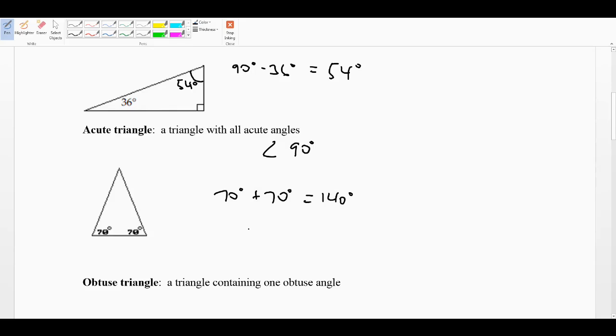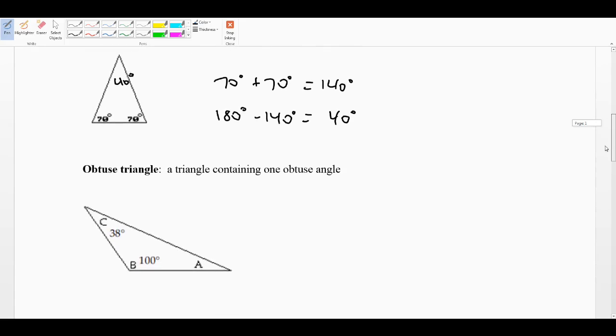And if we subtract that from 180, we'll see that we have a 40-degree angle left over. Since all of these are less than 90 degrees, it's called an acute triangle if all the measures of the interior angles are less than 90 degrees.